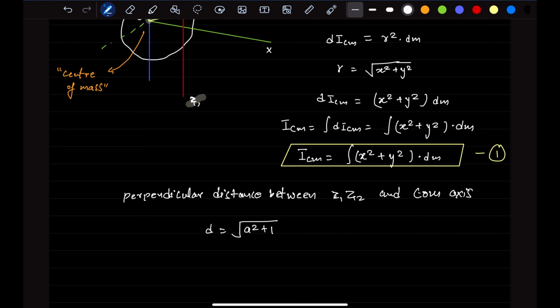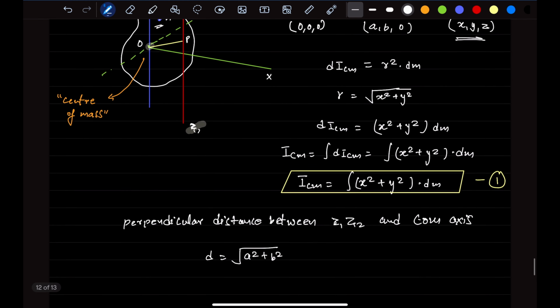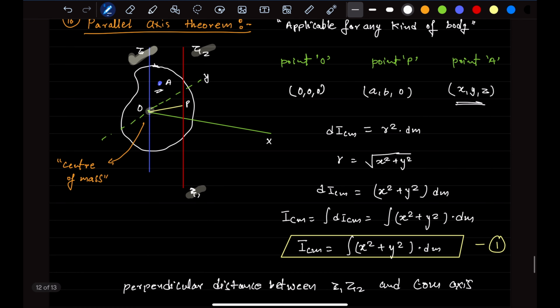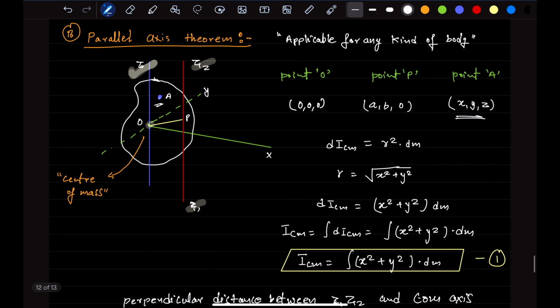And now let's find the expression for the moment of inertia about the z1 z2 axis. For that, again I will calculate the moment of inertia of the elemental mass and integrate it. So the dI about the z1 z2 axis will be r square dm, where r will be the perpendicular distance between the elemental mass and the z1 z2 axis.